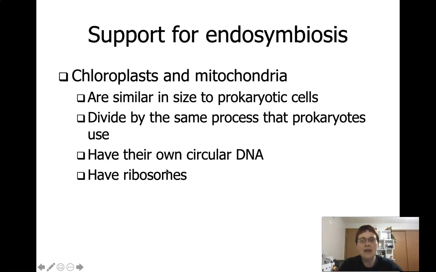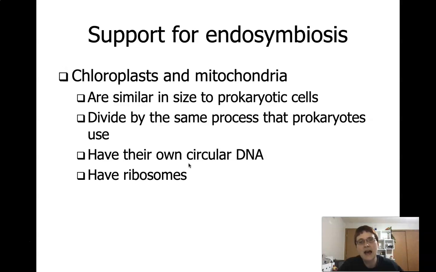Not only that, they have their own DNA. They are the only organelle in the cell other than the nucleus that has their own DNA. And not only that, their DNA is circular. Remember, prokaryotes have circular DNA, right?